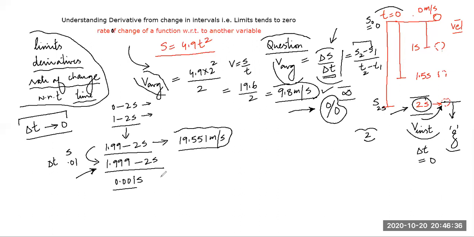So we went one step further, and then we got a more refined value of average velocity, and that was 19.5951 meter per second. See, students, this shows that the velocity is trying to come to some value.